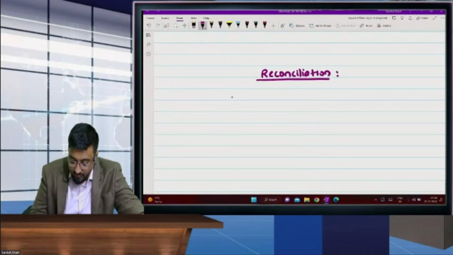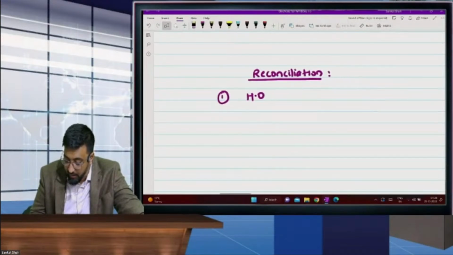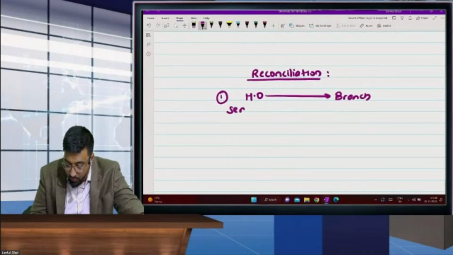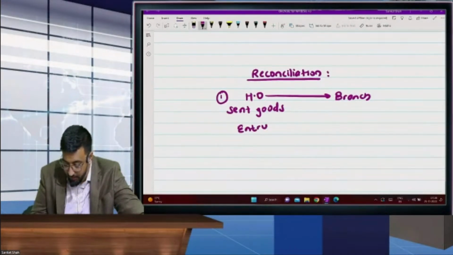Reconciliation means, you can write down as a summary, HO and here is branch. HO sends goods to branch. So HO will pass entry.